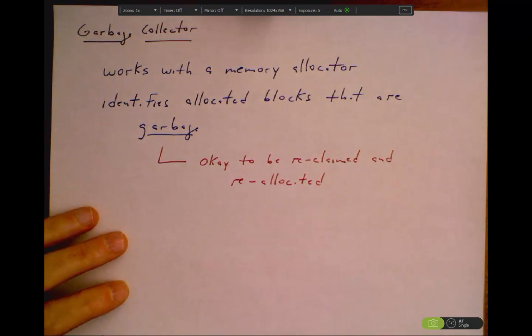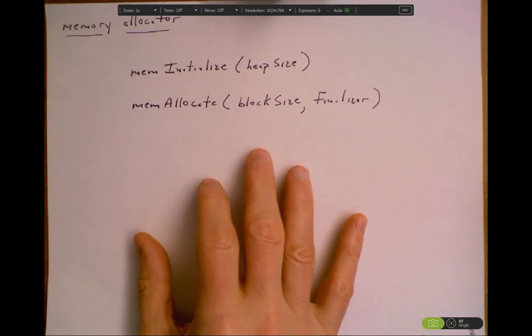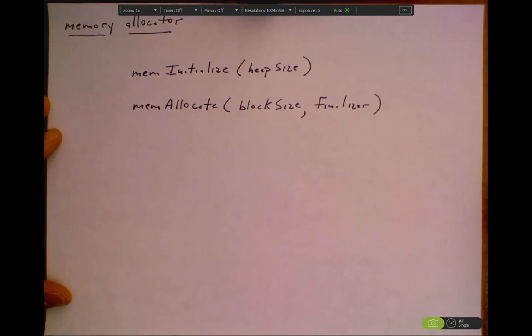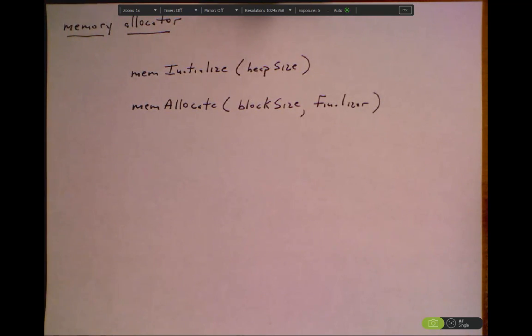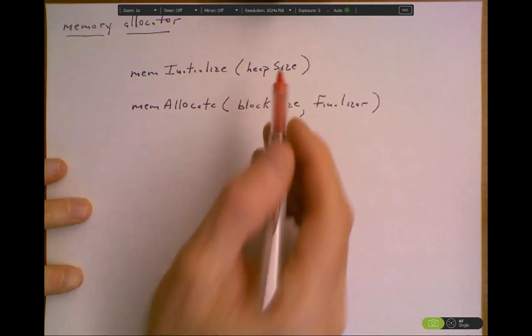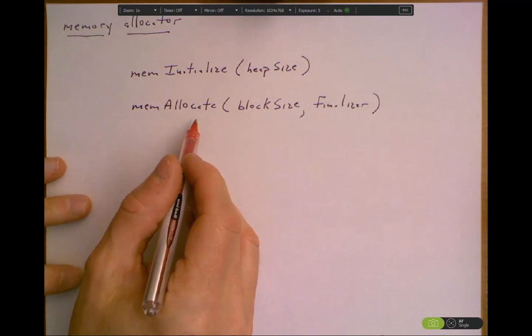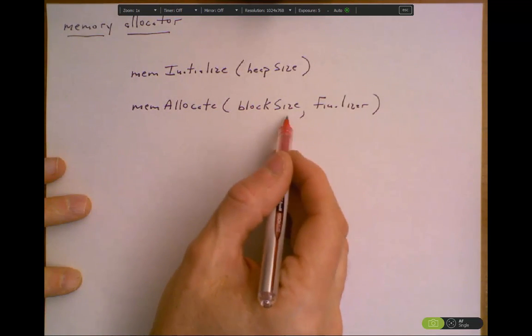Let's start out by looking at a memory allocator first of all. So by a memory allocator I mean some set of functions with these kinds of interfaces. There's some way to initialize a heap where the programmer provides a heap size, and then there's ways to allocate blocks out of that heap by providing a block size.